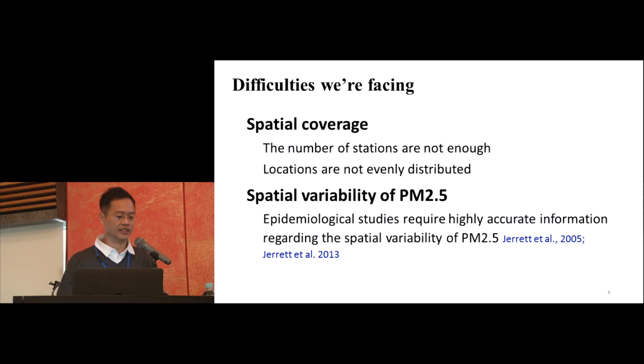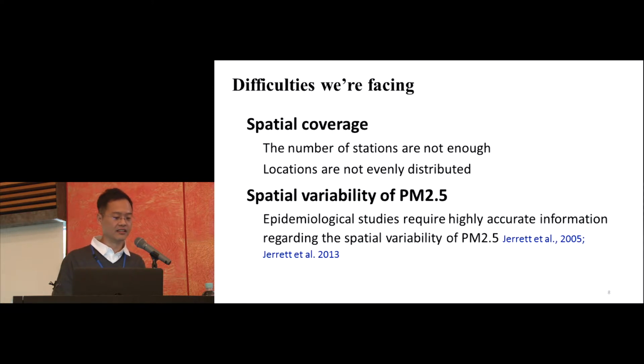So what difficulties are we facing? We are facing these two kinds of issues. It's about the spatial coverage, because of the limited number of stations, this number is not enough for the spatial coverage. The locations are not evenly distributed. This will cause some problems for epidemiological study.